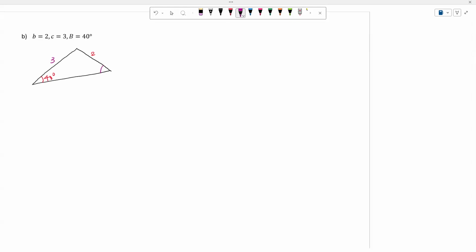Then this angle right here will be the angle C. Then again, this will be my angle A. This is the side A right here. Then I would like to find the angle C first. Then I will have sine of C over 3 equal to sine of 40 degrees over 2.